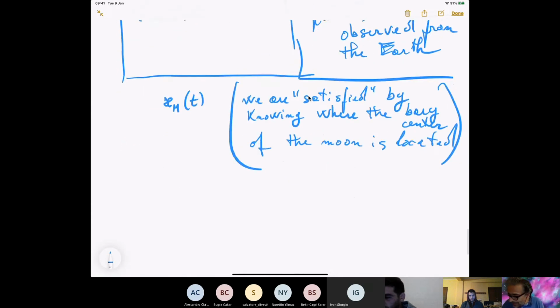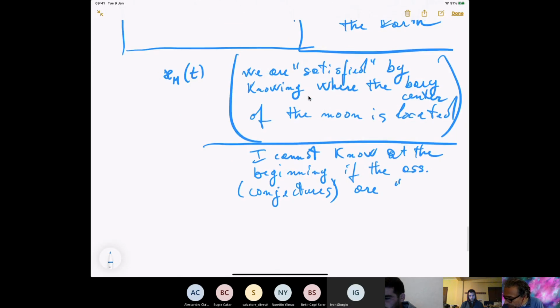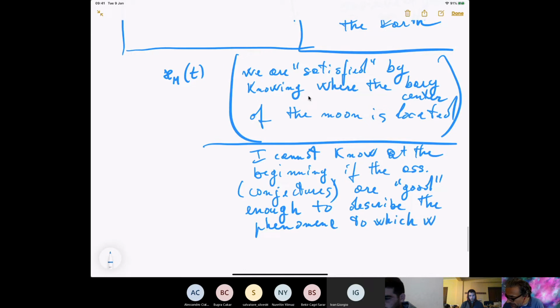What I want to underline is that I cannot know at the beginning if the assumptions, you can call them conjectures also, are good enough to describe the phenomena in which we are interested.